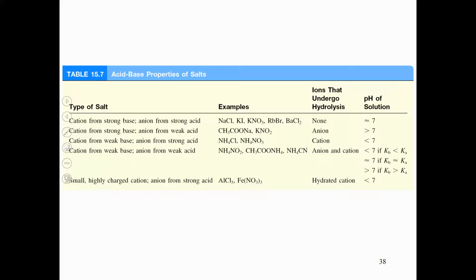So here, if we have these types of solutions, then your pH is going to be approximately 7, right? Here is sodium acetate. So we have sodium acetate here and potassium nitrite, okay?